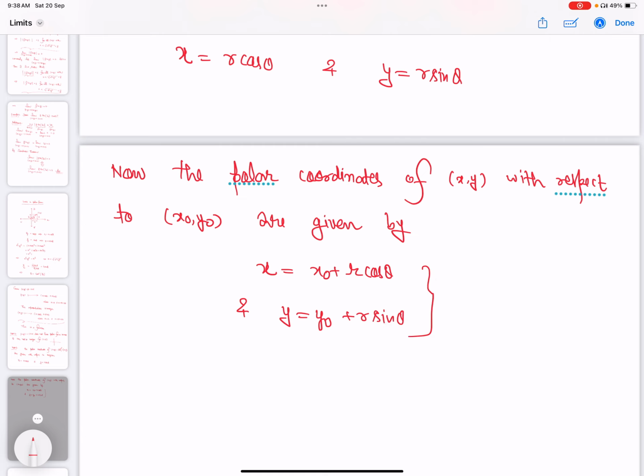Here r is greater than 0 and theta varies from 0 to 2 pi.